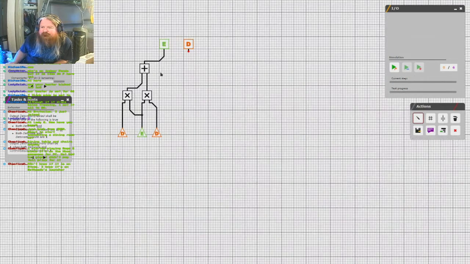I don't need that, because I'm already creating that signal right here, because I've got control sequence passed and detonate going through an AND gate.